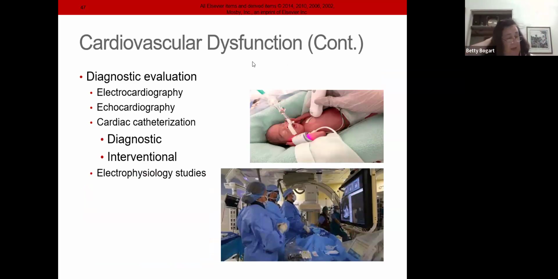Now, it could be a diagnostic cath, because we're trying to figure out what this kid has. And the interventional or electrophysiology studies are for those, and I've seen it mostly with tachydysrhythmias. They're intermittent periods of time where the heart rate goes really fast and then slows.